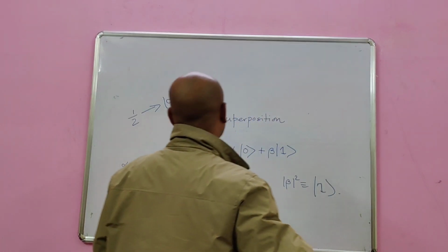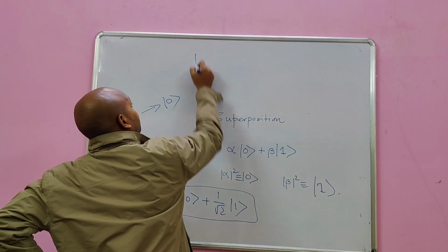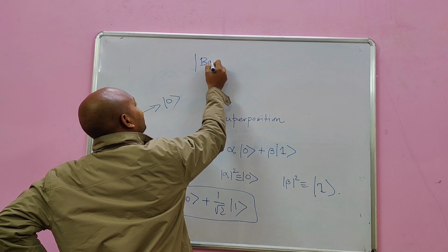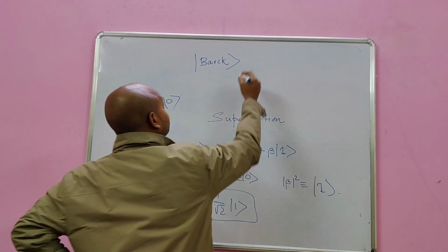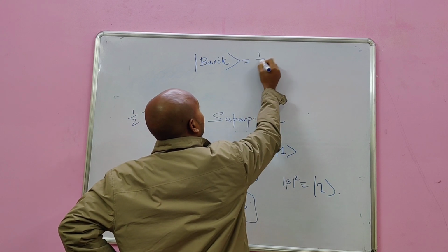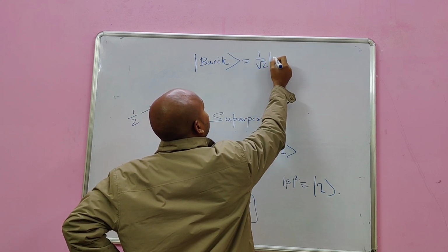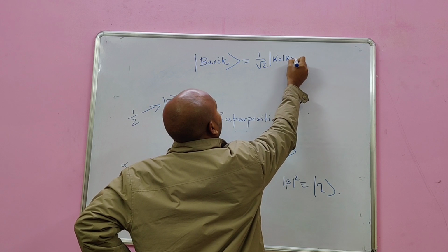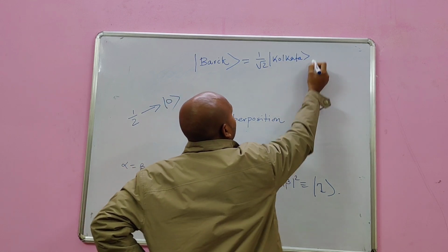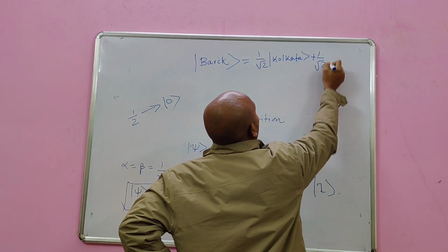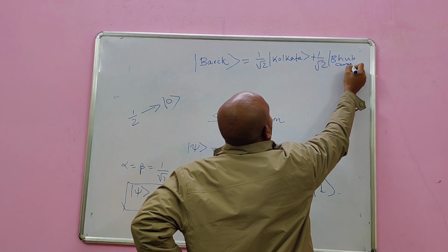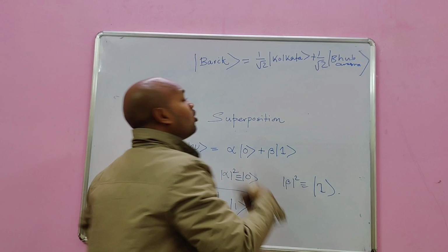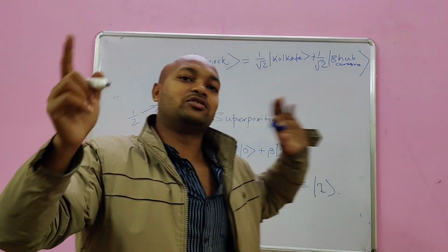So to summarize it, if I write my state of where I am, Barik, as 1 by root 2 times Kolkata plus 1 by root 2 times Bhubaneswar, it does not mean I am at Kolkata and Bhubaneswar at the same time.